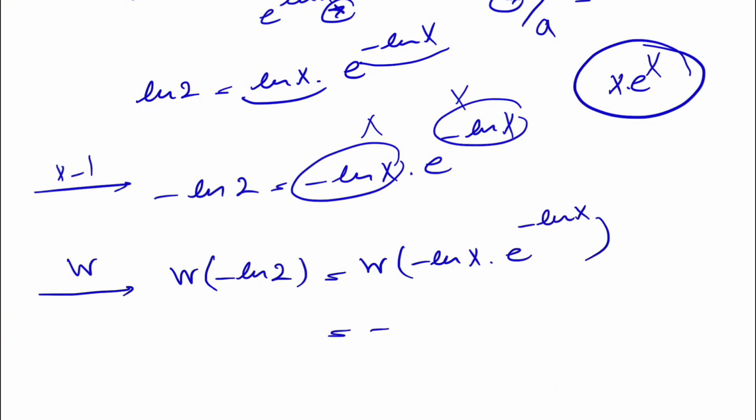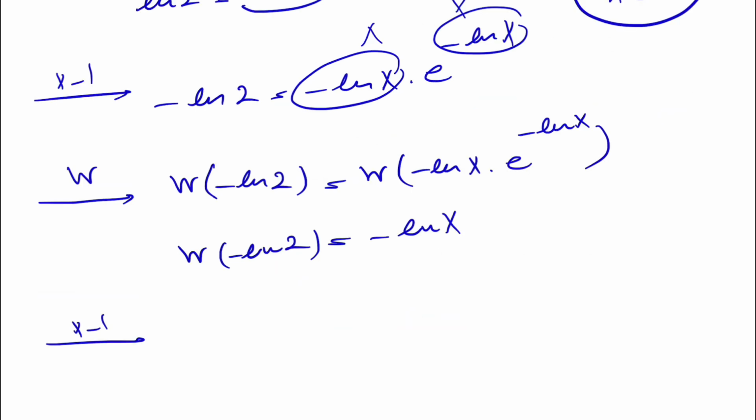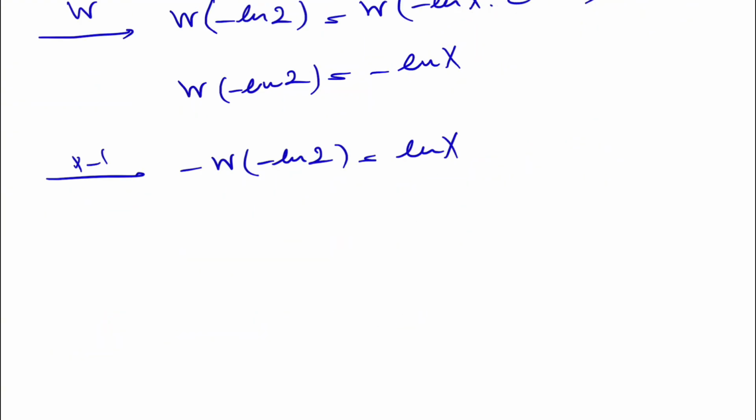On the right side we basically have minus ln of x, and on the left we have the Lambert W function of minus ln of 2. If we multiply this equation by minus 1, we get minus the Lambert W function of minus ln of 2 is equal to ln of x. We're going to use the base of e on each side of the equation.